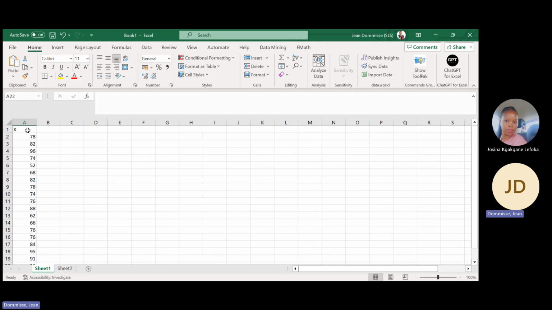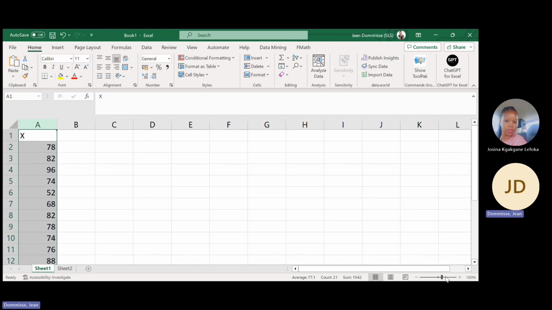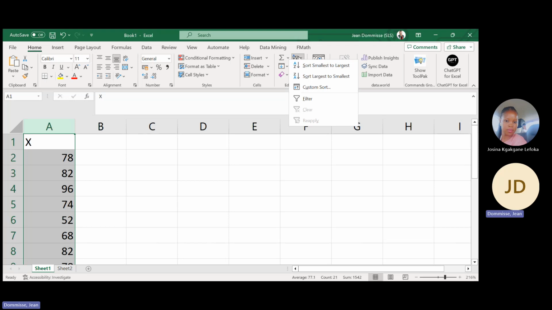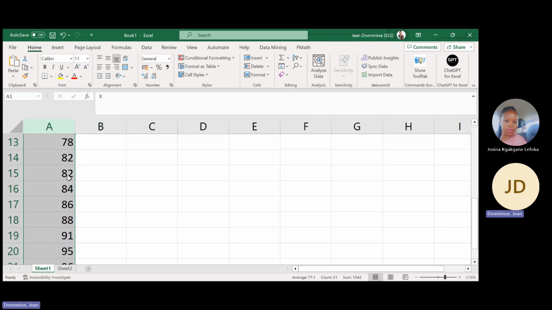So now I want to make it bigger. We will then just scroll up and down to get to the things. But firstly, I want to order it. So in your Excel, you can just say from smallest to largest, and there it is ordered.